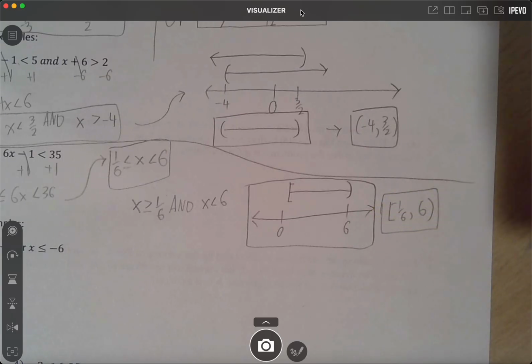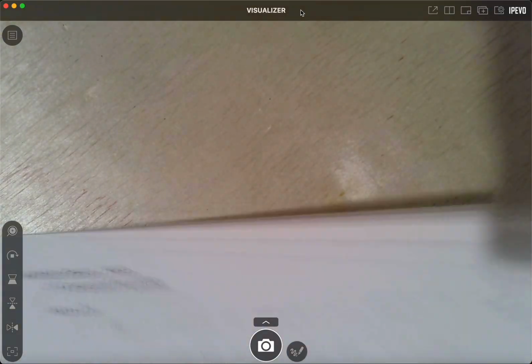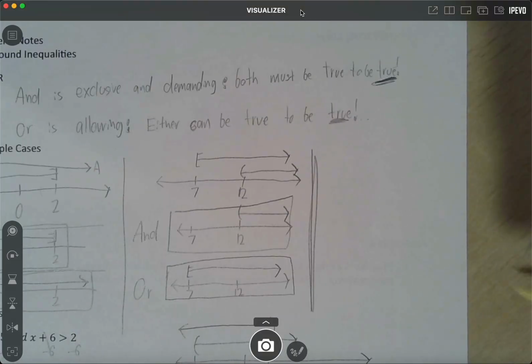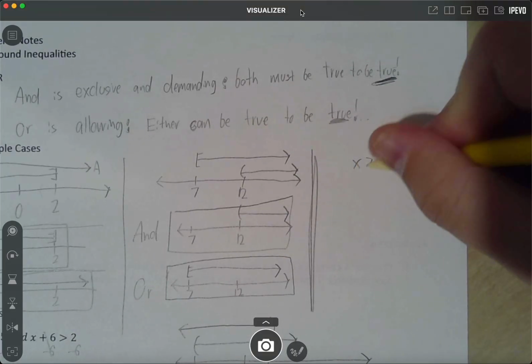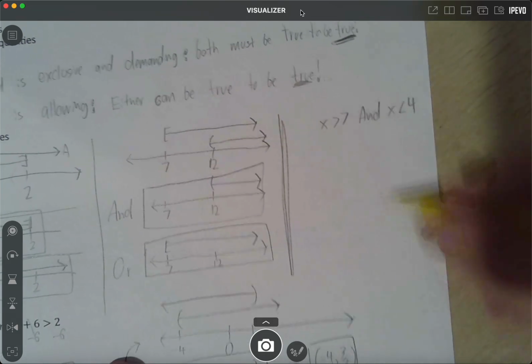The one thing I do want to point out, because it didn't show up here, is something that shows up on the back. Let's look at one more scenario, just because I think we need to cover it. Let's say we had x is greater than 7 and x is less than 4, just to go through that case.